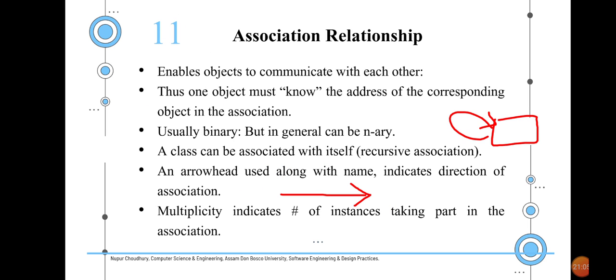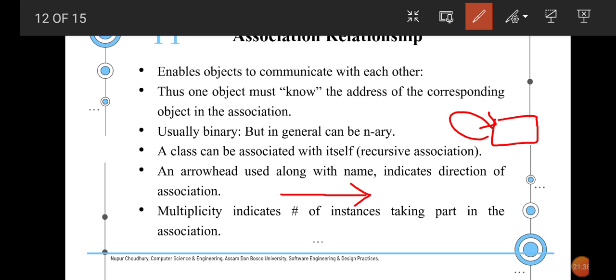However, in the association relationship, the classes interact with each other with the help of this arrow, where the arrowhead along with the name indicates the direction of association as to which class is associated with which class. And multiplicity indicates the number of instances taking part in the association. So multiplicity will basically give you the number of instances of that particular class which is interacting with your class.